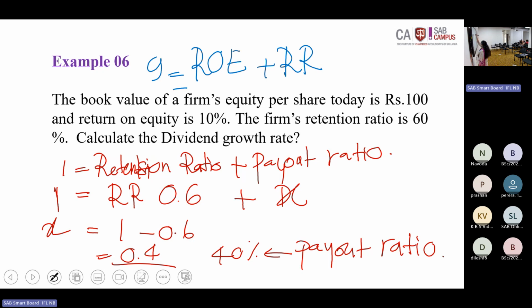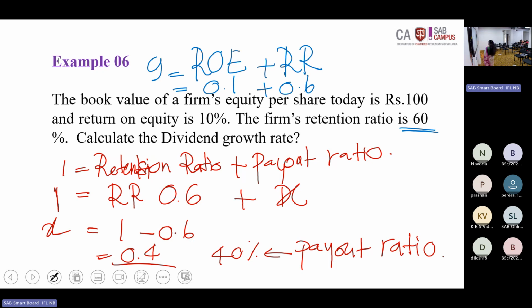In this example, ROE is 0.1, and the retention ratio is given as 0.6 or 60%.